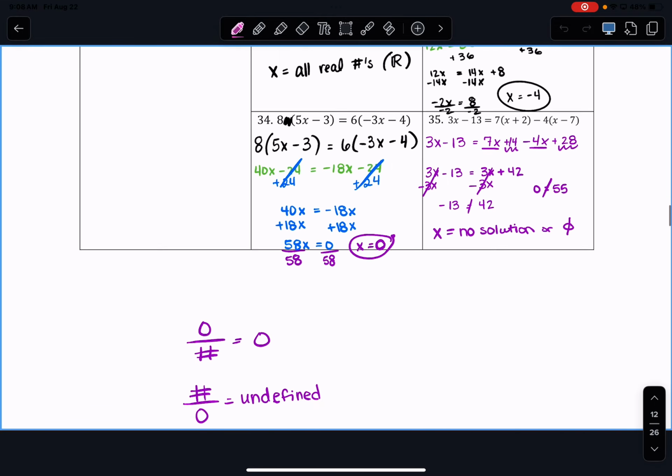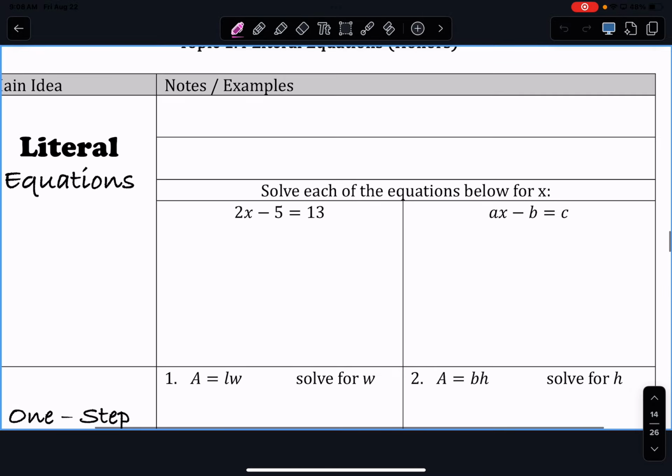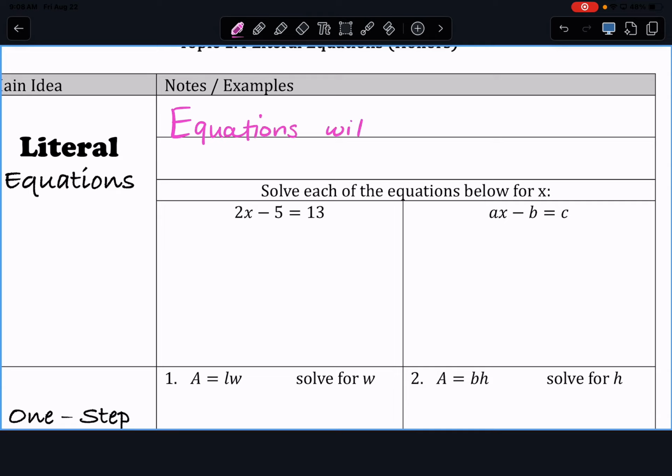So literal equations, at the top of that paper, we have a blank, and we're going to put equations with multiple variables. So instead of getting numeric answers, we're just going to have an answer that has variables in it.